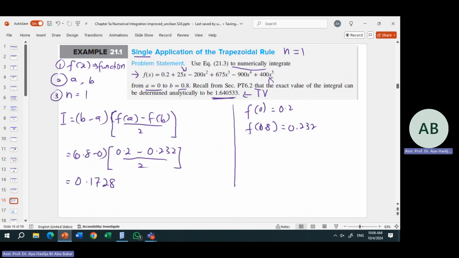So try to check what the true error of this is. Oh, okay, sorry. Plus, sorry, f(a) plus f(b), not minus. Then you get 0.1728.